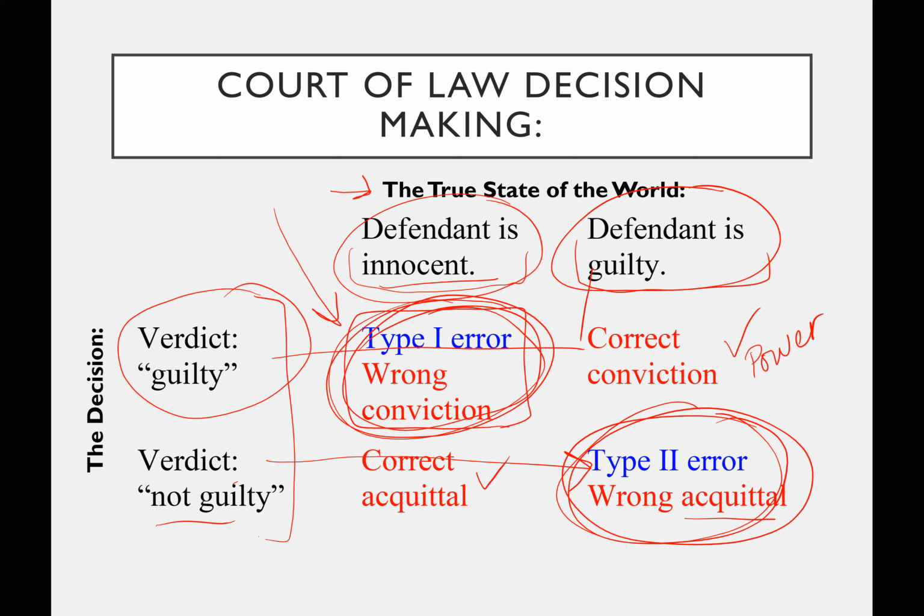So that's extra bad. In type 2, just the guilty person is walking free, but you're not locking up somebody who's innocent. That's considered less bad than our type 1 error. And that's why we say type 1 error, we're only going to do that about 5% of the time. We want to make that number pretty small to make sure we're not saying there's something there when nothing is there.